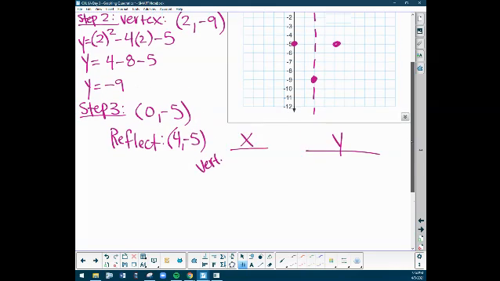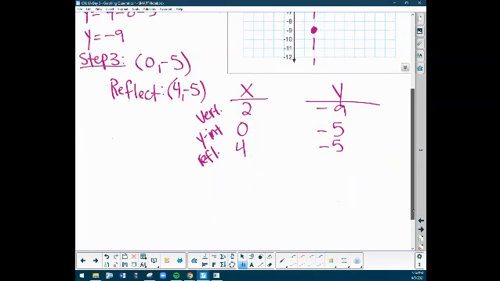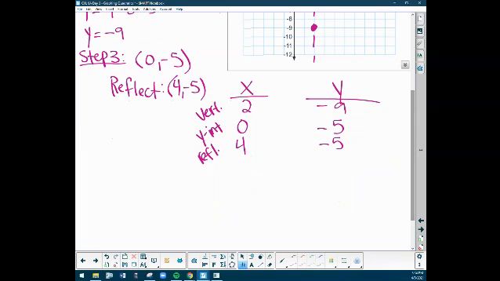Remember for that we got 2, -9. Then I got my y int. Okay, for that we got 0, -5. Then I reflect that, and then I got 4, -5. I have 3 points. Now I need to get another one. So this is step 4.